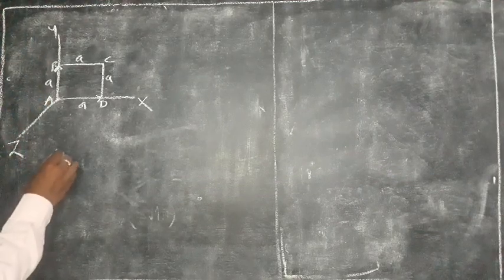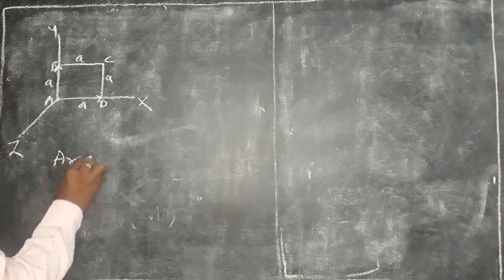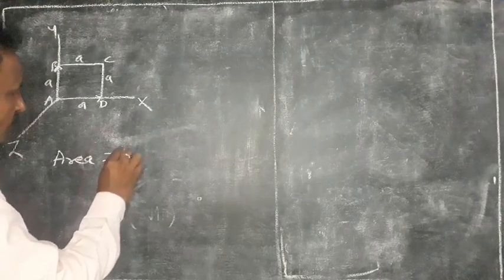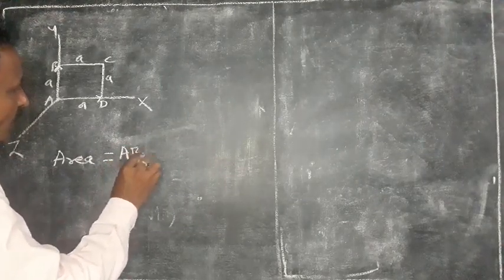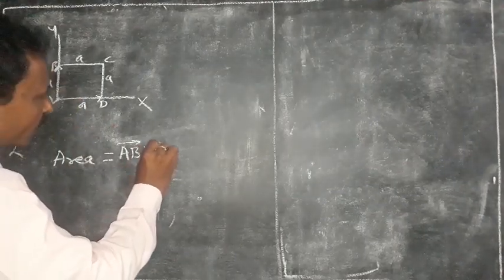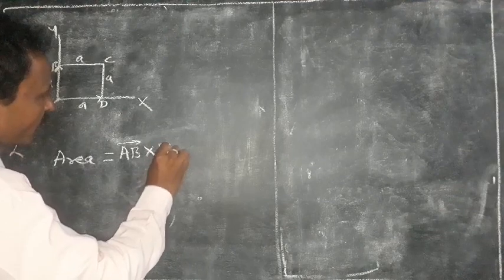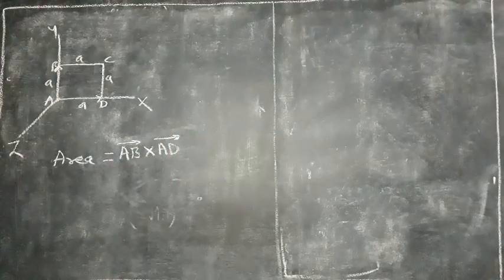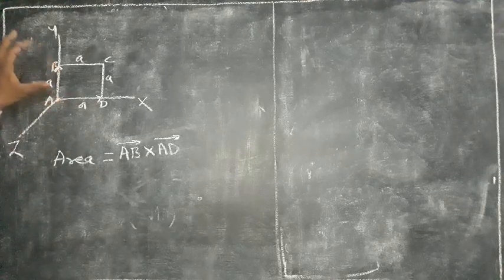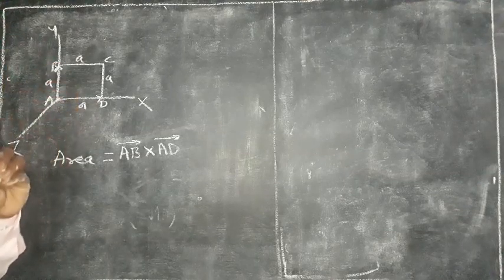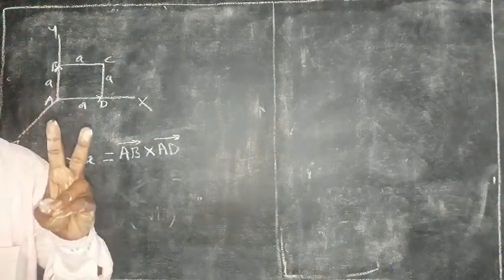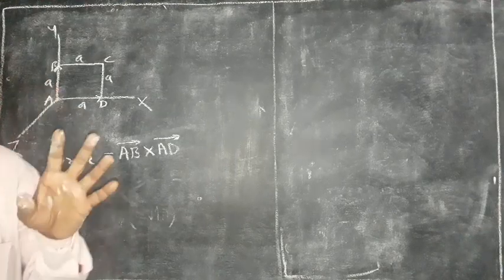Now, the area is equal to the cross product of AB, vector AB cross vector AD. This is a vector, it is also a vector. Then according to definition, the cross product of two vectors is the product of the magnitudes of the two vectors and sine of the angle between them.